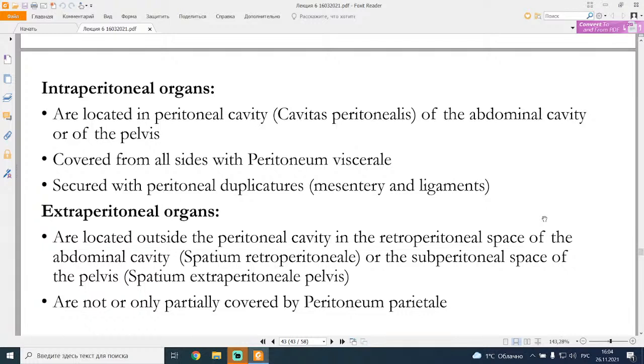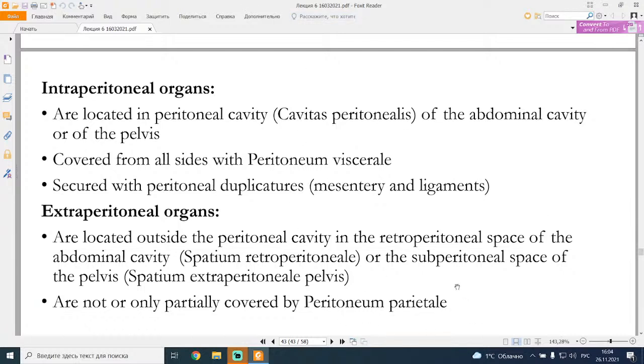Extraperitoneal organs are located outside the peritoneal cavity in the retroperitoneal space of the abdominal cavity, or subperitoneal space of the pelvis, spatium extraperitoneale pelvis, and are not or only partially covered by peritoneum parietale.